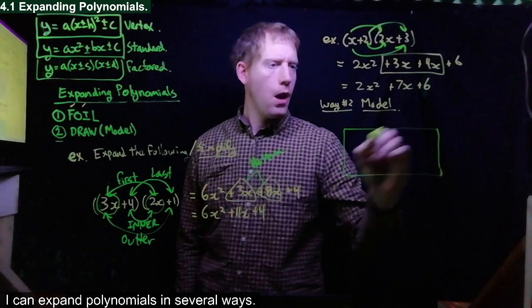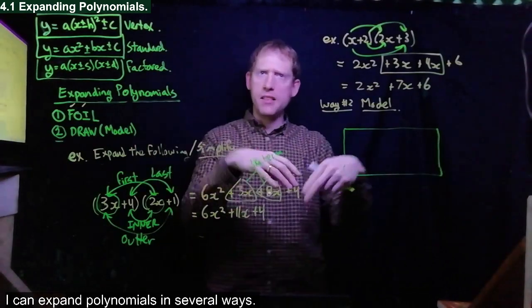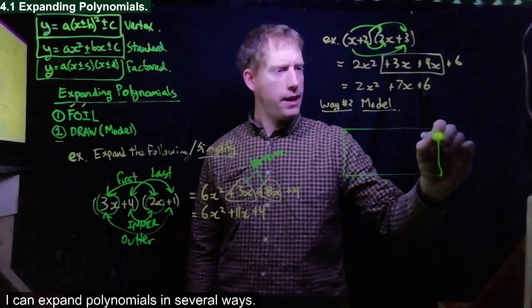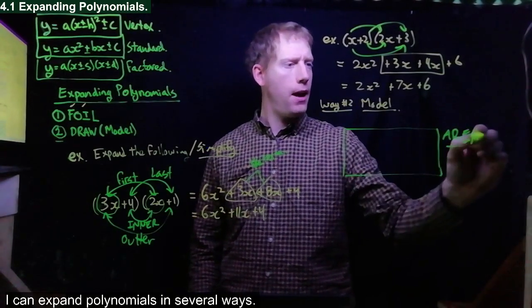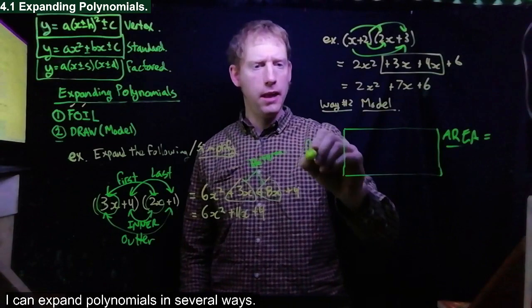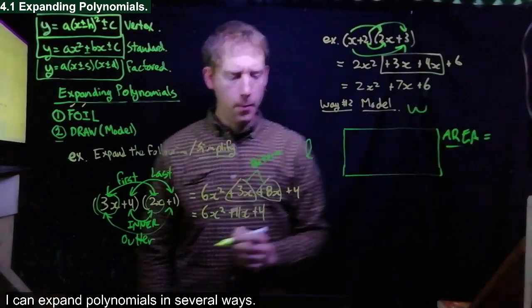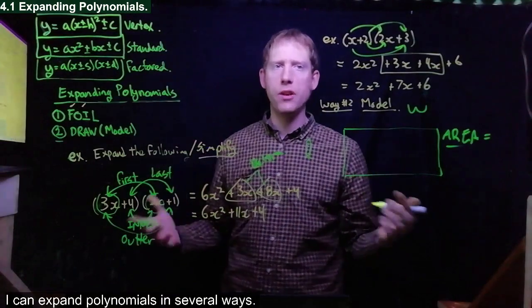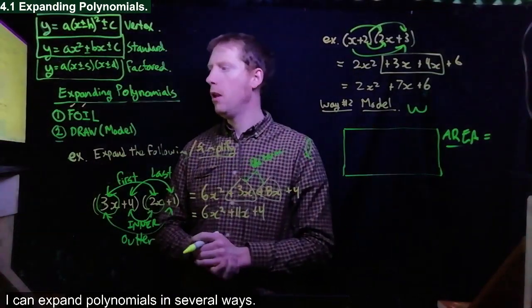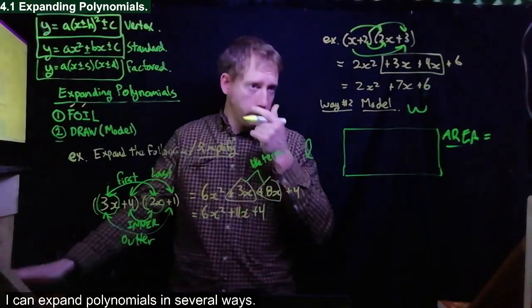Because when you're multiplying, it's like an area. And we know the area is equal to the length times the width of your box. So we can model the expansion of a polynomial by using this idea.